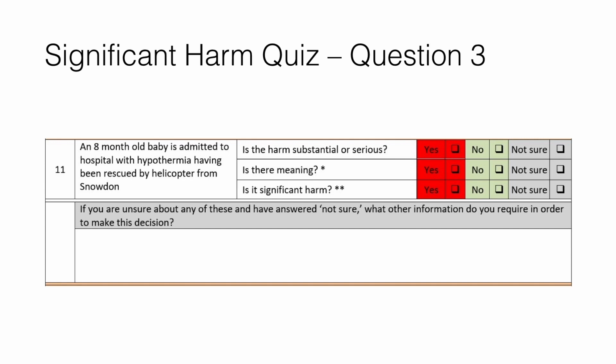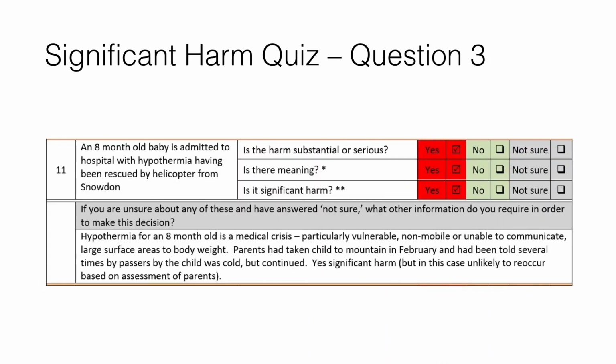Is it significant harm or likely to become significant? Hypothermia is a medical crisis, a threat to life for a baby. So yes, it is substantial harm. Is there meaning? Yes, a failure of family life to protect the child, not a reasonable parent decision. Unwillingness to heed the concerns of passers-by. An act of commission or omission? Probably omission. There was no intent to cause harm.